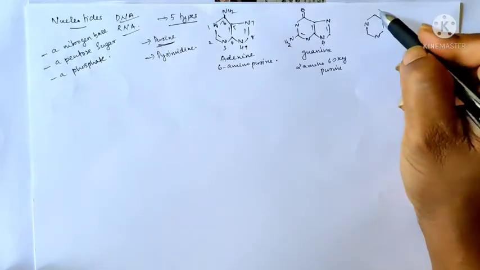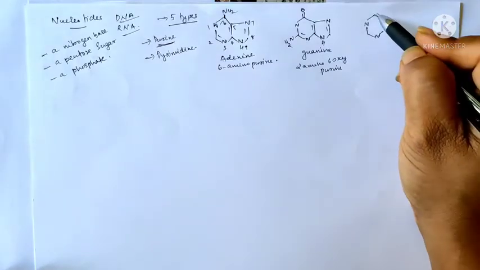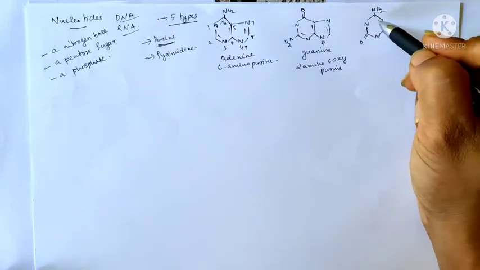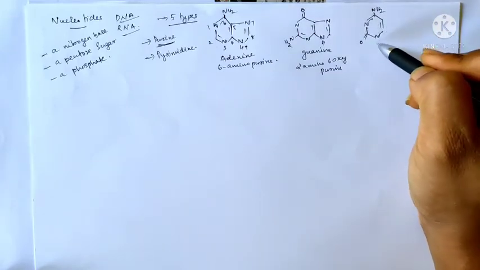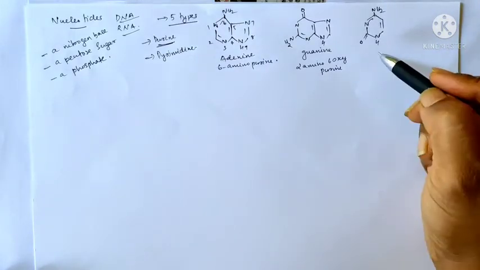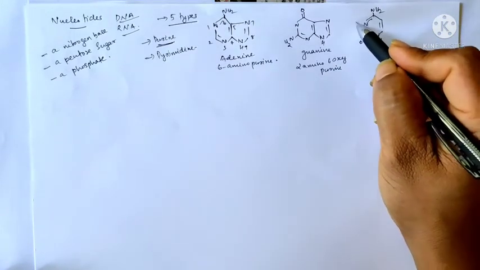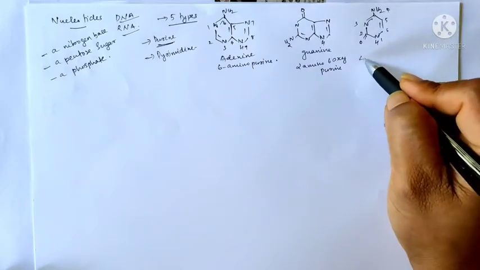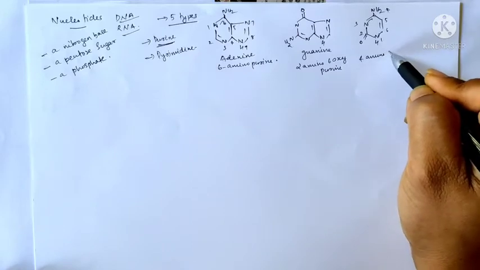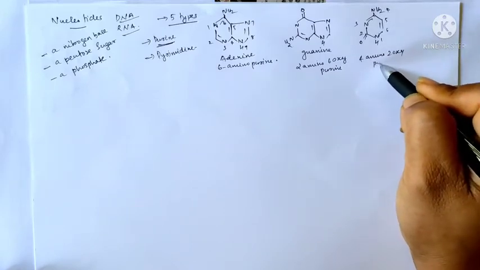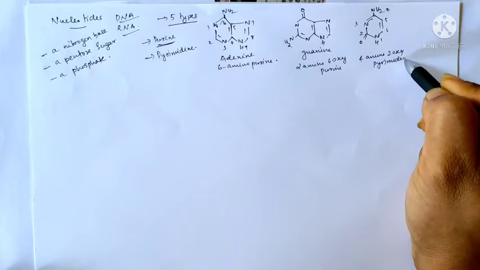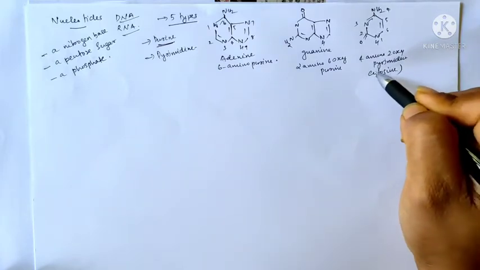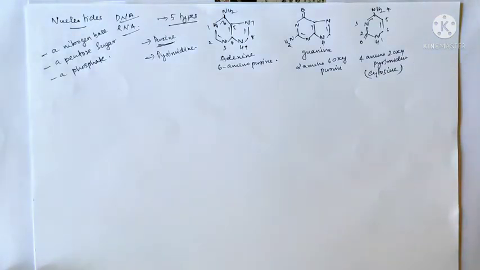This is pyrimidine and nitrogen, 1, 2, 3, 4, 5, 6, 4-amino 2-oxypyrimidine, or cytosine. You can call it as cytosine.